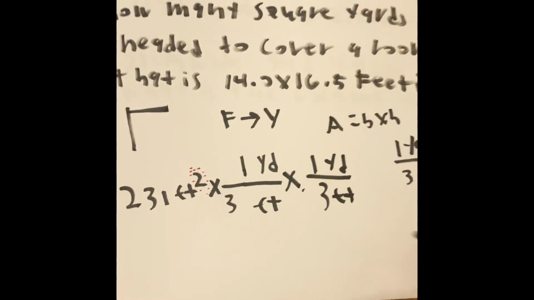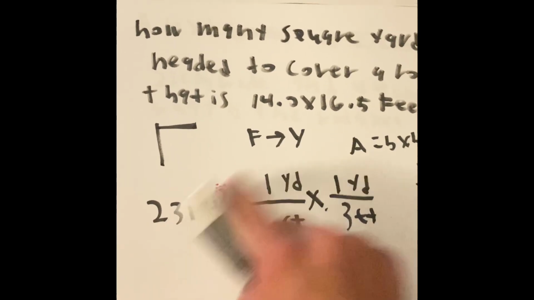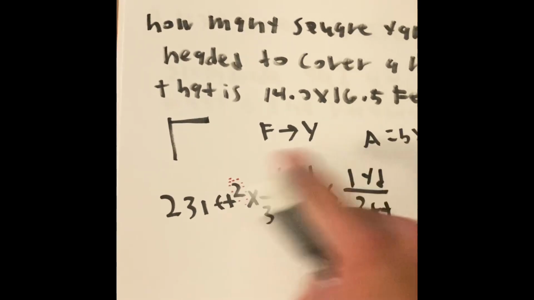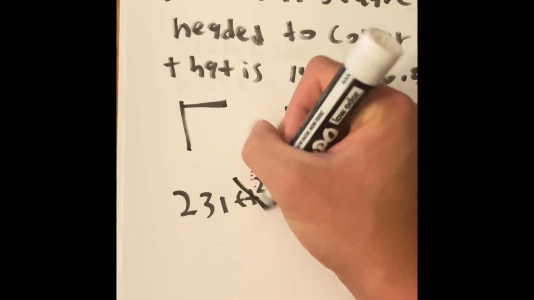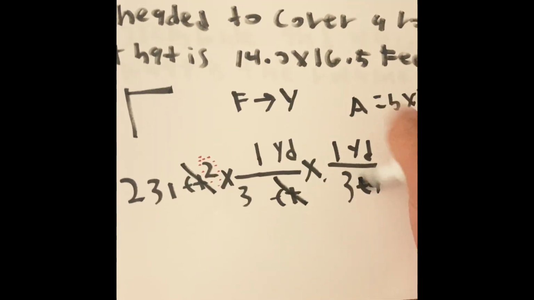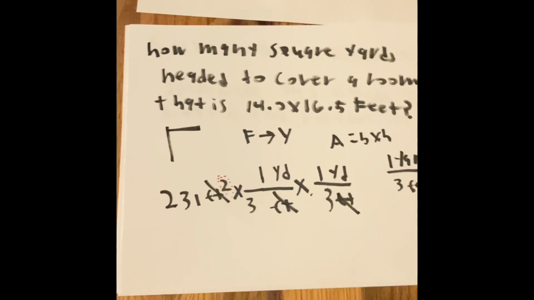When we do the math, 231 times 1 times 1, divided by 3, divided by 3, the measurements cancel out and we get yards as its own dimension.